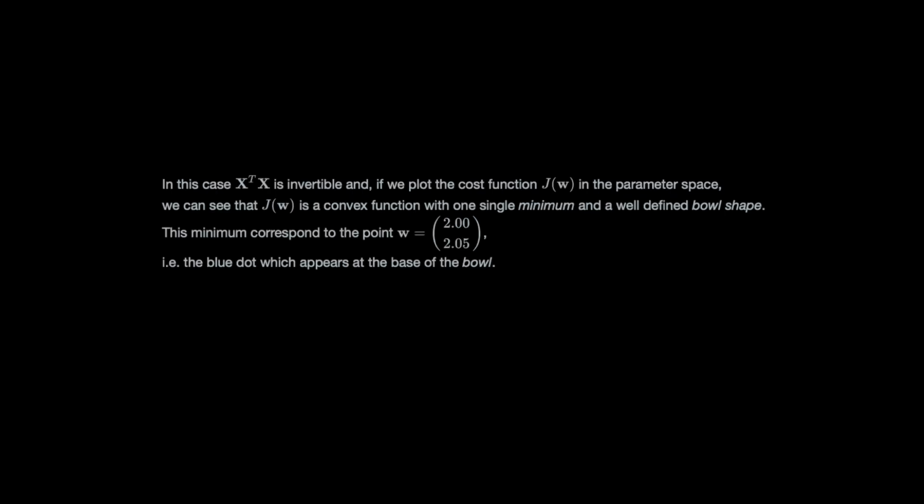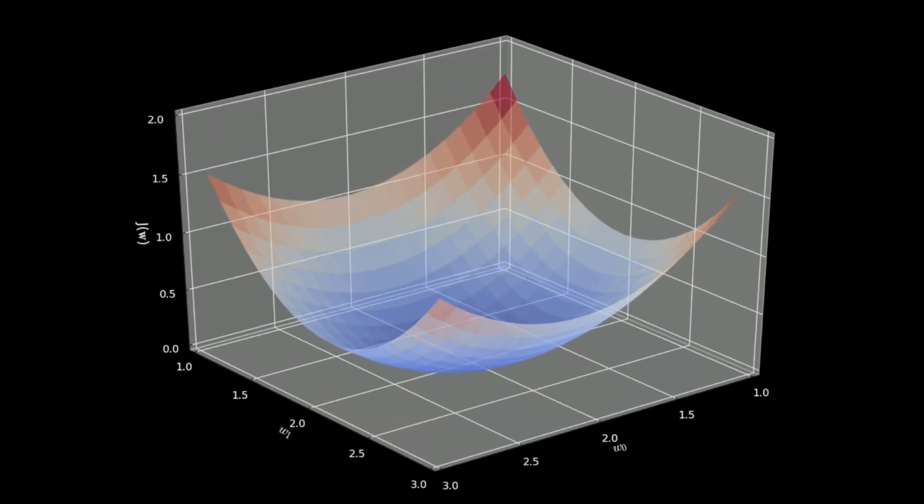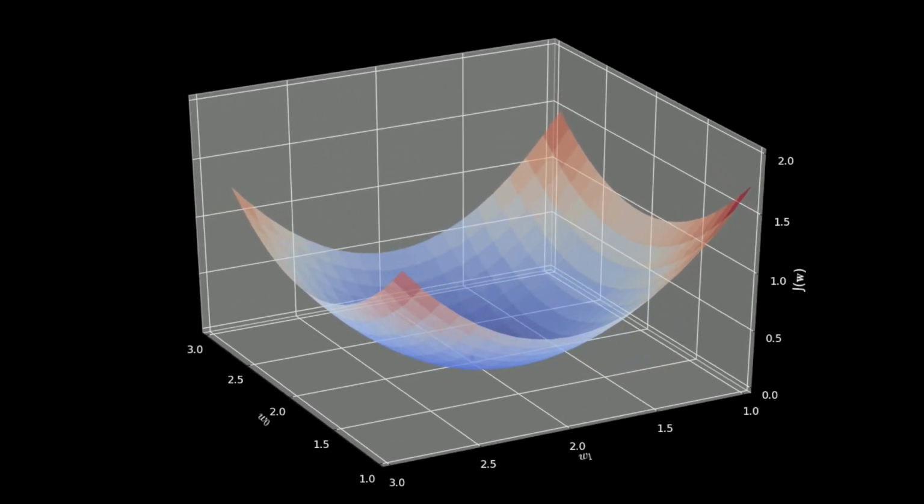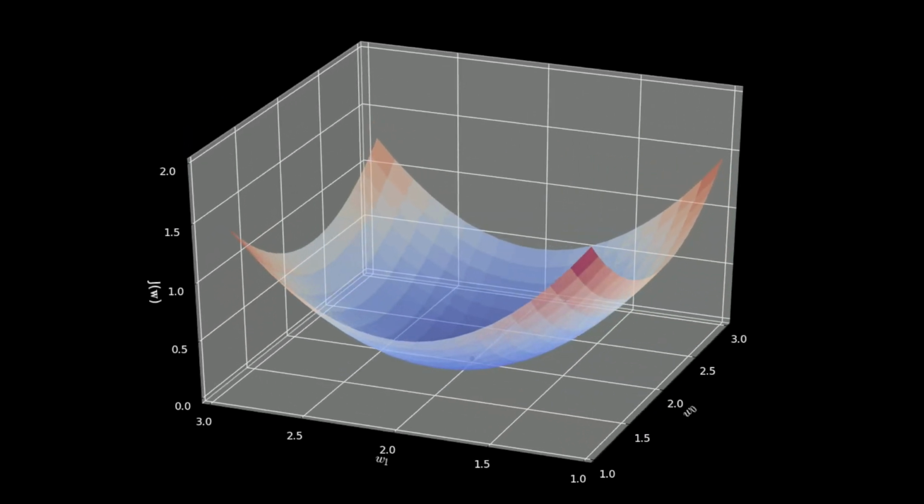In this case, X transposed X is invertible, and if we plot the cost function J in function of W in the parameter space, we can see that J is a convex function with one single minimum and a well-defined bowl shape. This minimum corresponds to the point W, i.e. the blue dot which appears at the base of the bowl, which corresponds to the following predictor line.